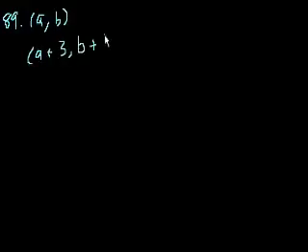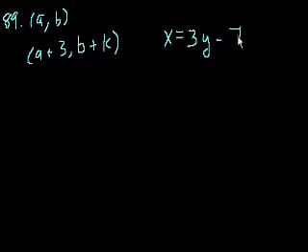89. In the xy coordinate system, if (a, b) and (a + 3, b + k) are 2 points on the line defined by the equation x = 3y - 7, then k is equal to what?